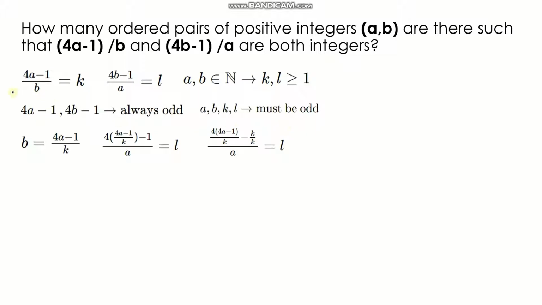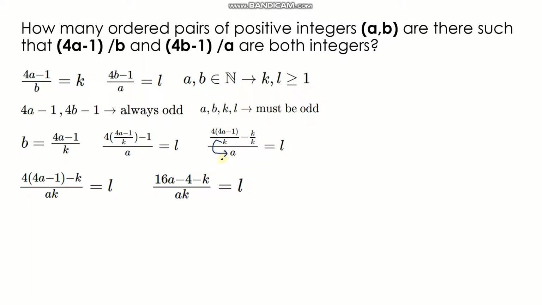We rearrange the first equation into b equals (4a − 1)/k, and we substitute b into the second equation, becoming (4 times (4a − 1)/k − 1) all over a equals L. And −1 is the same as −k/k, becoming (4 times (4a − 1)/k − k/k) all over a equals L. We bring the k into the denominator.